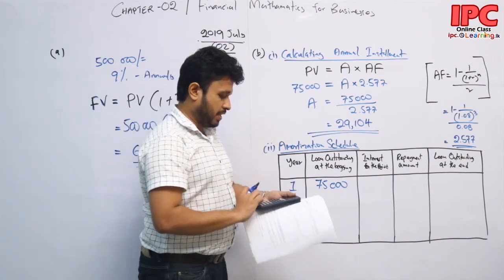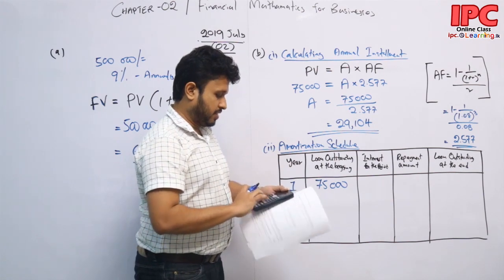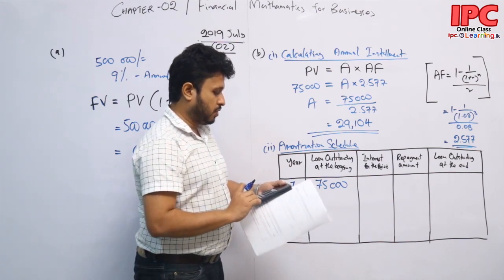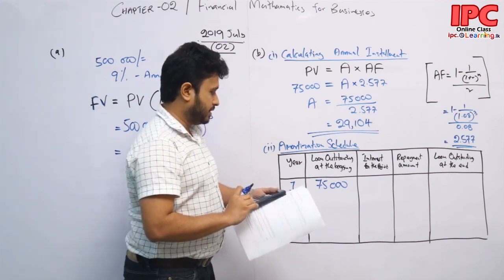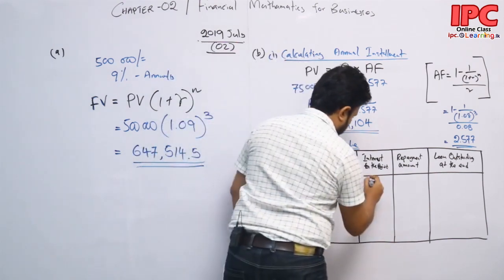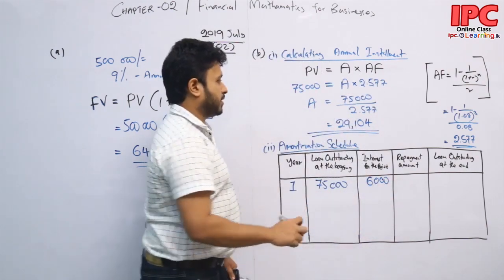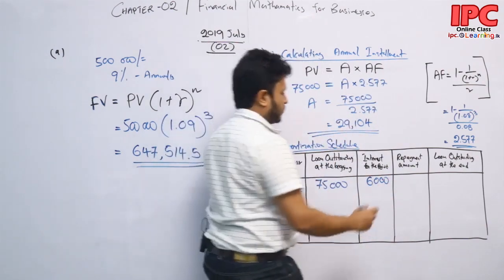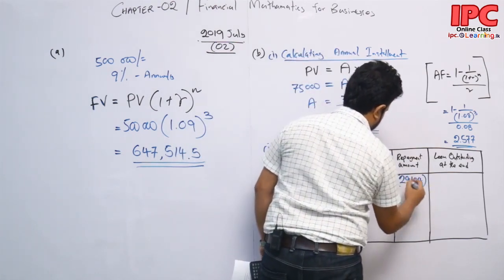So we are taking 8% of this 75,000. 75,000 into 0.08 is 6,000, right? And what is our installment? 29,104. So we are paying 29,104 rupees at the end.